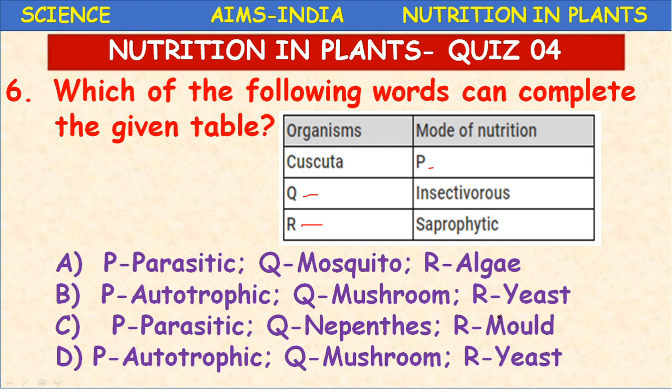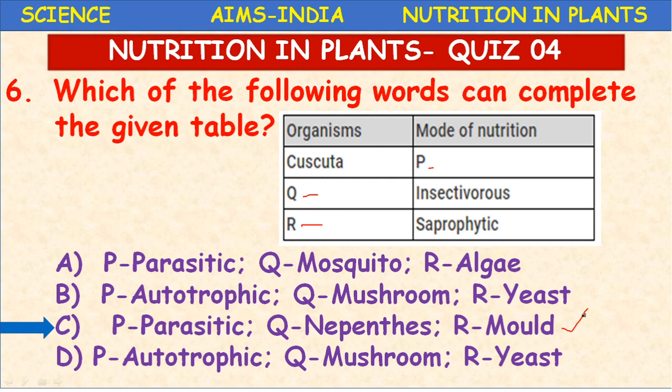Cuscuta, parasitic nutrition, an insectivore, Nepenthes, and a saprophyte, mushroom, that is mold. Okay. So option C is correct. These kinds of questions also appear in competitive exams, which will consume some time.